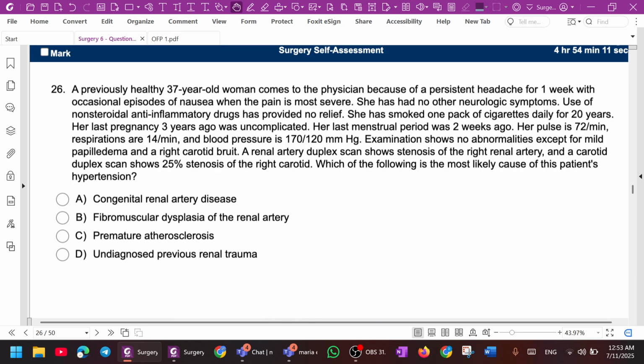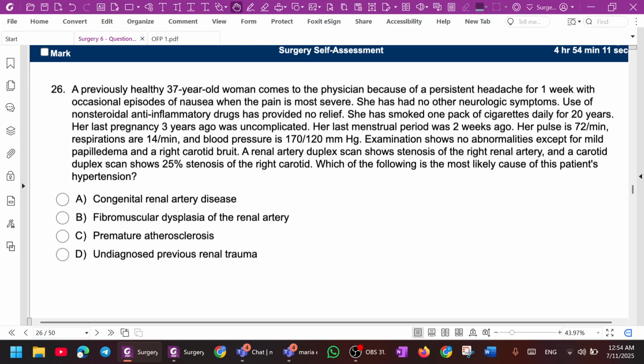A previously healthy 37-year-old woman comes to the physician because of persistent headache for a week with occasional episodes of nausea when the pain is most severe. She has had no other neurologic findings.